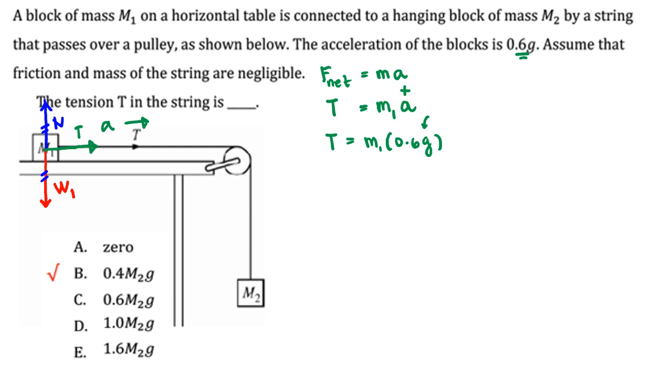For mass 2, the forces acting on it are the weight of mass 2, which I'll call W2, and tension. Since mass 2 is connected to a string, there will be tension acting on it. We cannot say that tension is equal to the weight of M2, because M2 is going to accelerate downward.